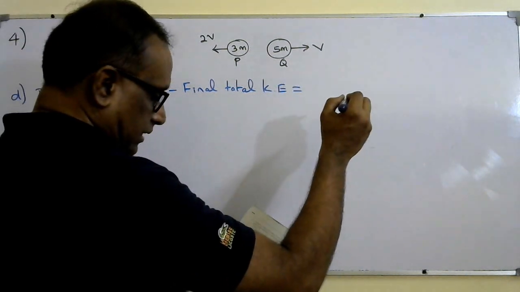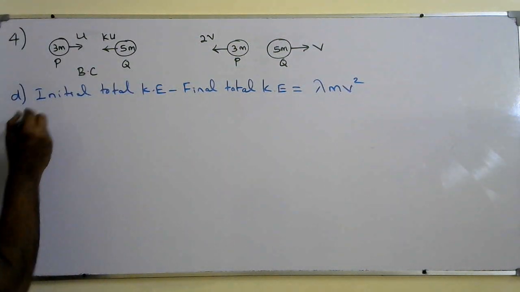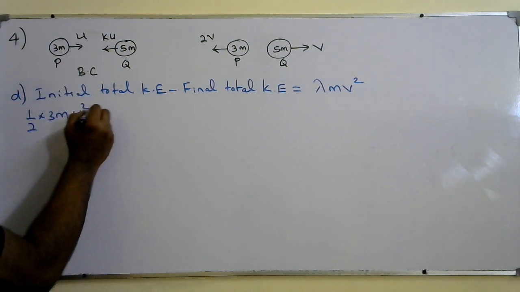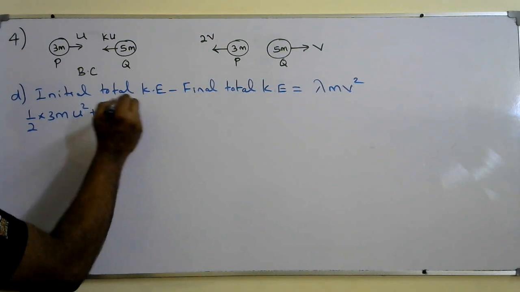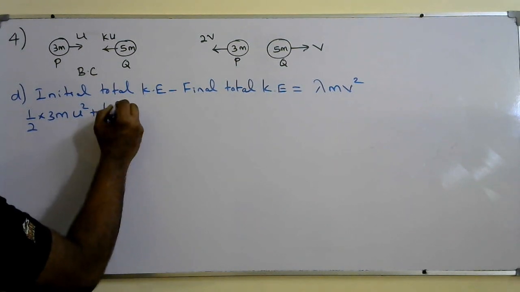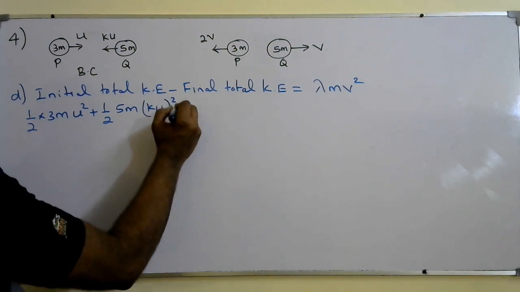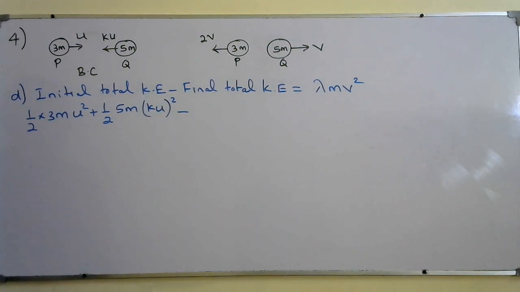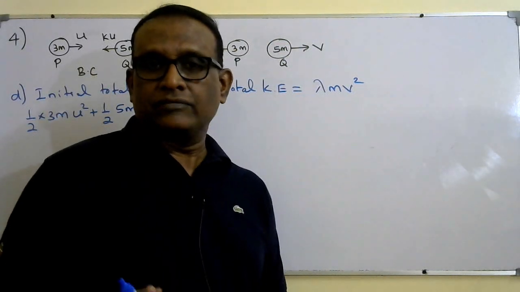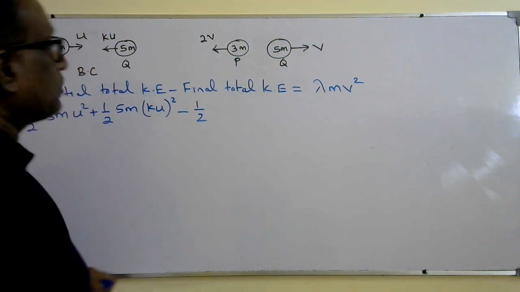So initial total kinetic energy is half times 3m u squared plus half into mass 5m into ku all squared, minus final kinetic energy. Whether they are opposite or same direction, we don't concern about negative or positive. Kinetic energy is a scalar quantity. Just find the numerical value, don't consider direction.